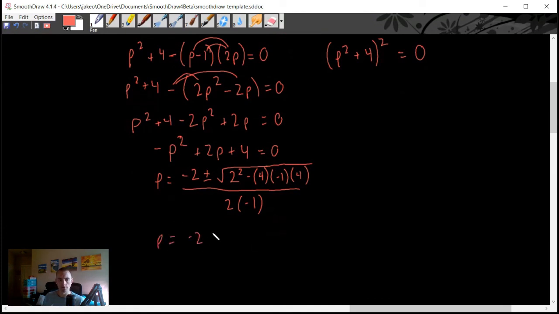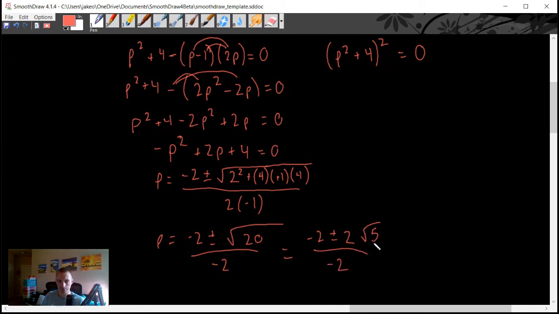So -2 plus or minus the square root of 4. These negatives here are going to cancel. So we're going to get plus 4 times 1 times 4 is 16. So 4 plus 16 is 20. All over -2. So let's see here. We can factor a 4 out of this, giving us -2 plus or minus 2, because when you factor a 4 out of a square root, you have to square root it, leaving you with 2 times the square root of 5 all over -2.